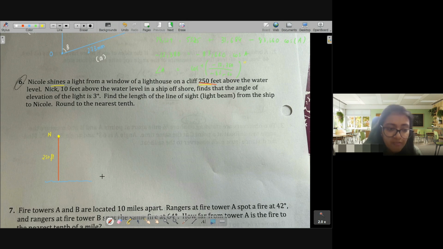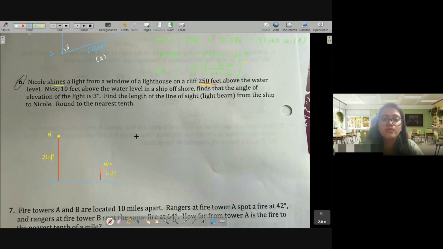This is 250 feet, so Nick will be somewhere here. 10 feet will be much, much smaller than this, so I'm not considering the scale. Let's say here is Nick, and this is 10 feet.